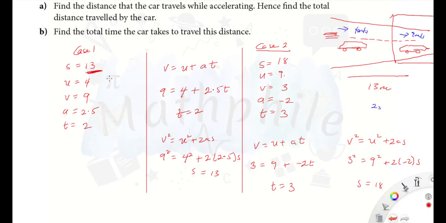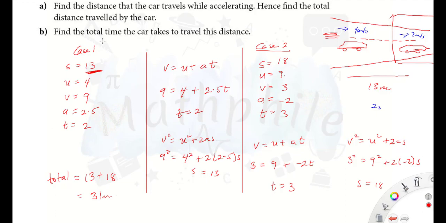So the total is going to be the distance traveled in case 1 plus the distance traveled in case 2, 18. So this becomes 31 meters.